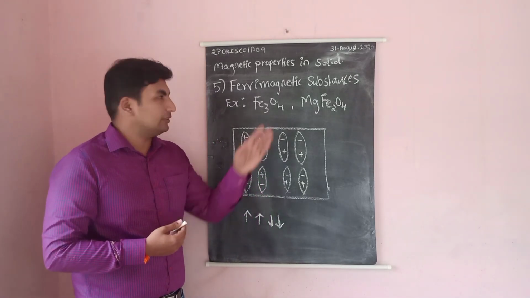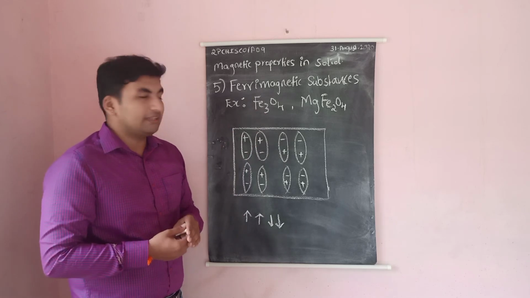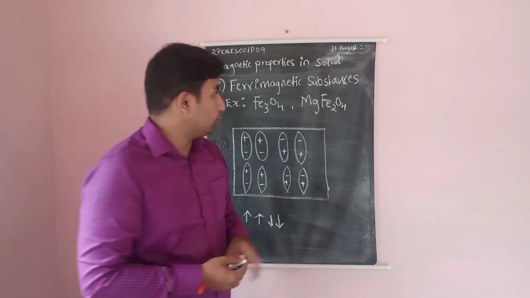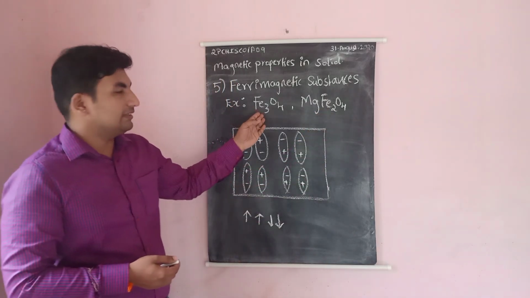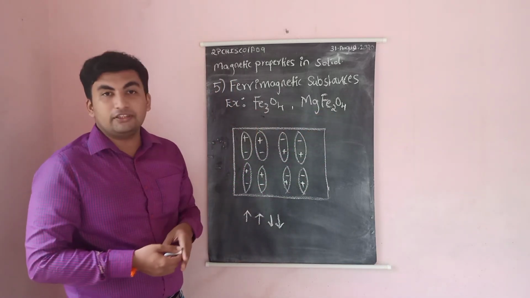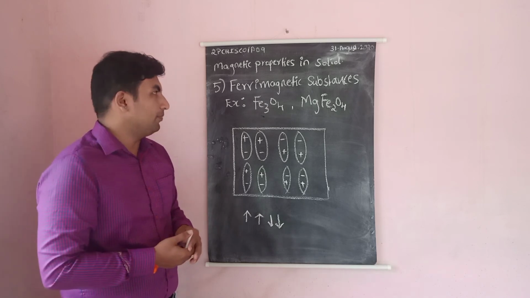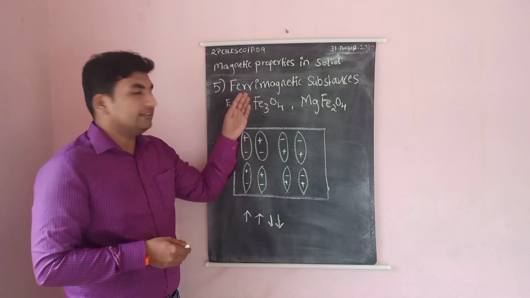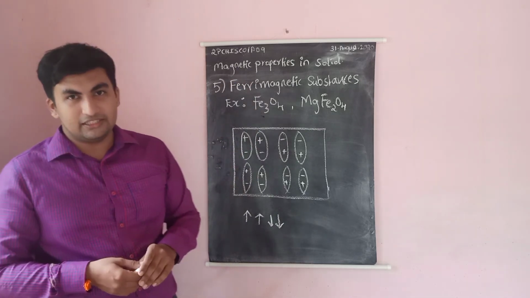Examples are Fe3O4, that is magnetite, and ferrites like MgFe2O4. These are the main examples. Fe3O4 magnetite you know, and you will study it in upcoming chapters. This is about the ferrimagnetic substances.